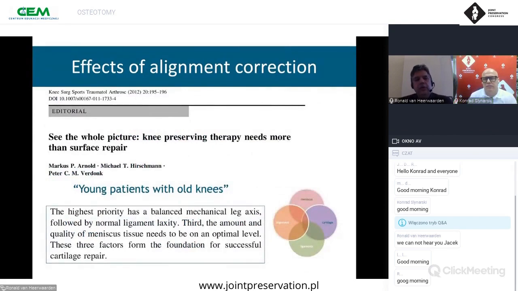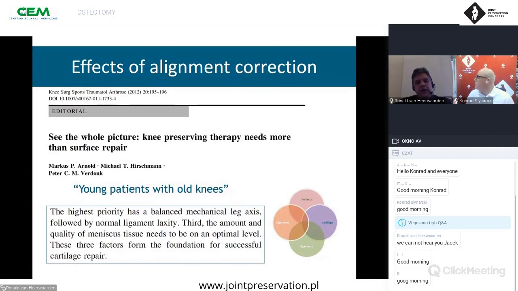This is also one of the articles that talks about the effects of alignment correction. And again, alignment is key as a basic principle for osteotomies. This group of experts, Marcus Arnold, Michael Hirschman, and Peter Verdonk, were talking about young patients with old knees, cartilage trouble in young patients. What do you do with that?